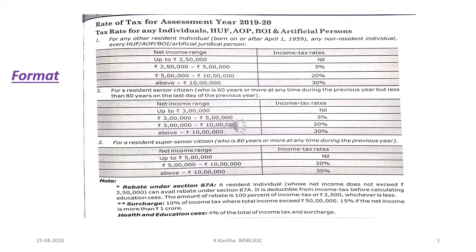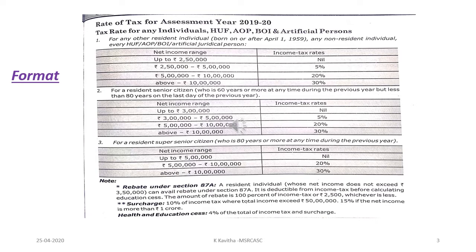These are the slab rates which will be applicable. If your net income is up to 2.5 lakhs, there is no tax. 2.5 lakhs to 5 lakhs, 5%. 5 to 10 lakhs, 20%. 10 lakhs and above, it is 30%.